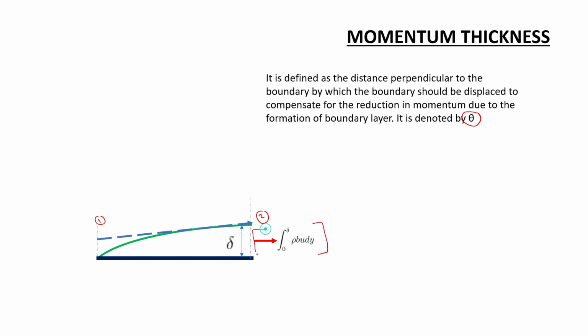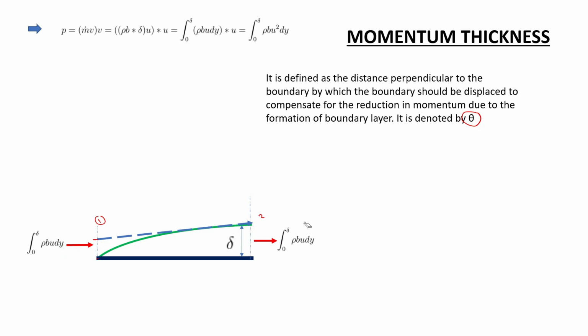So this is the mass flow rate flowing through here, that is the integral of rho b u dy from 0 to delta. b is the thickness of the plate, u is the velocity at each section. This same mass flow rate is flowing through this section. Now this streamline gets slightly shifted up, to accommodate the mass flow rate.